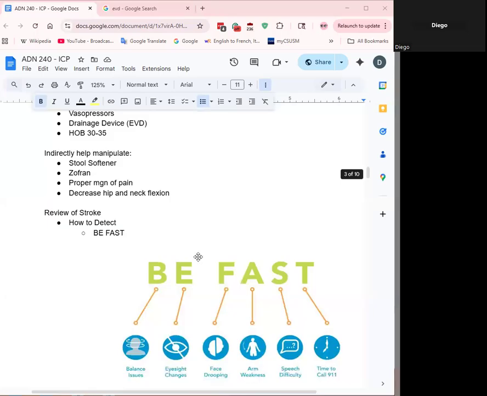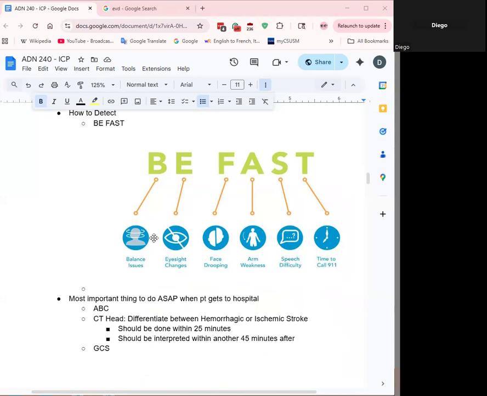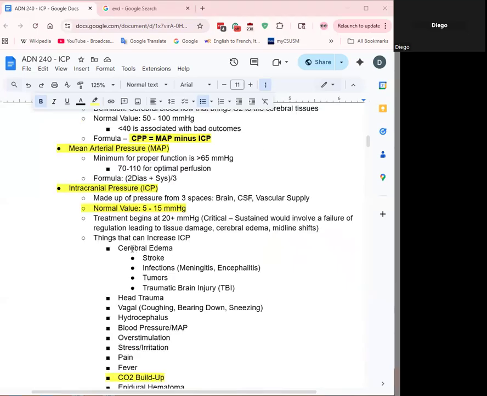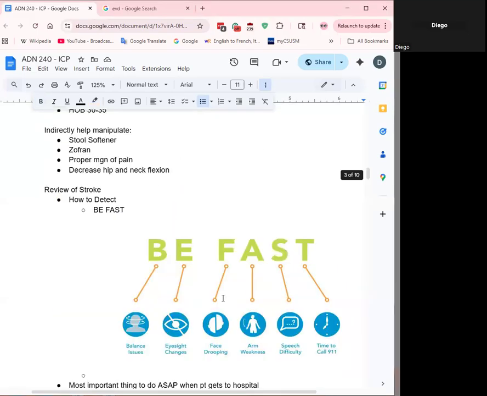Okay. This is a quick review of stroke from last semester. Stroke is one of the things that can cause increased ICP due to causing cerebral edema.